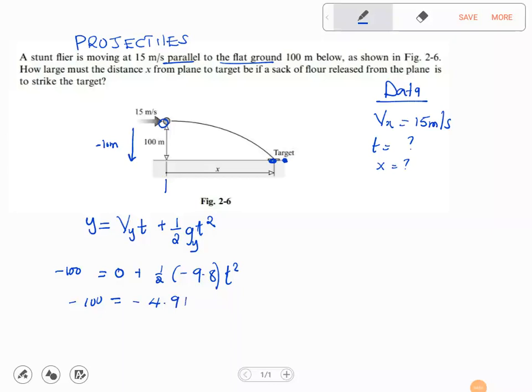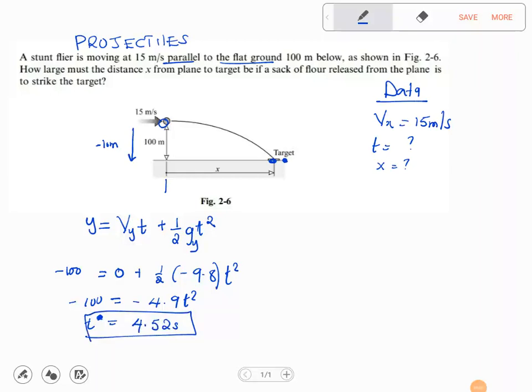So we have t squared here, but this negative will cancel each other, so we have t squared equal to 100 divided by 4.9, then we square root it, so t is just 4.52 seconds. So this is the time of flight it will take from there to hit the target.